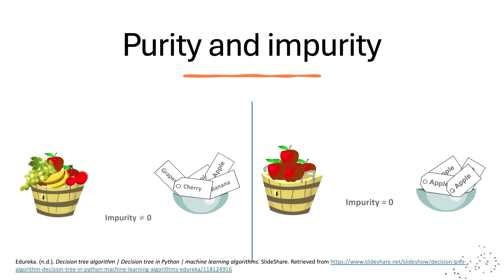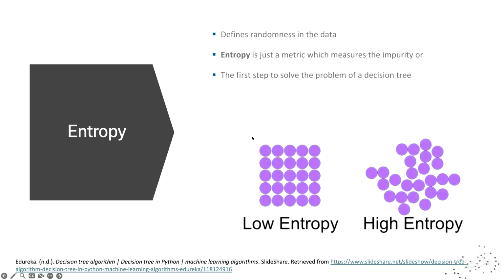But on the other side, you have only apple in your basket, so it means impurity is equal to 0. On the left side, impurity is not equal to 0 because we have different fruits like cherry, grape, banana, apple, and so on. So entropy defines randomness in the data. Entropy is a measure of impurity in your sample.